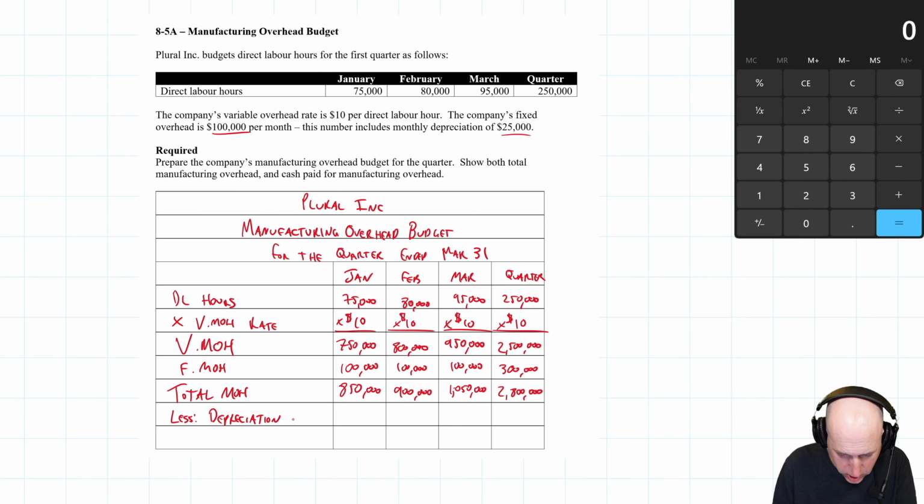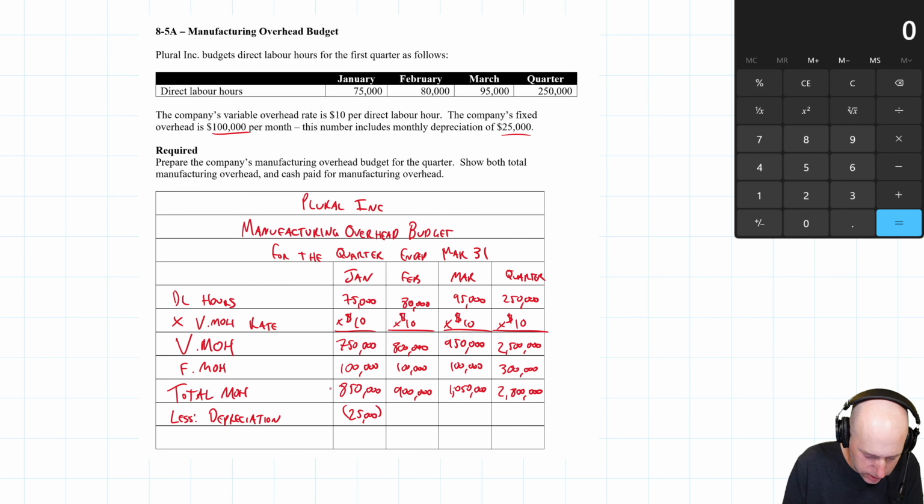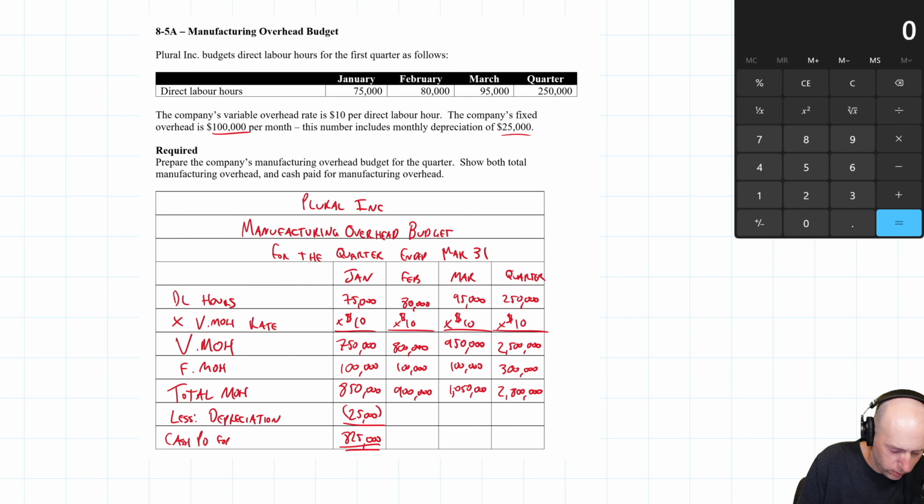So our depreciation is $25,000, and we say, okay, these are all costs, $850,000 in cost, but how much cash am I paying? Well, if I have $850,000 in overhead costs, only $825,000 represents negative cash flow. So that's going to be our cash paid for manufacturing overhead.